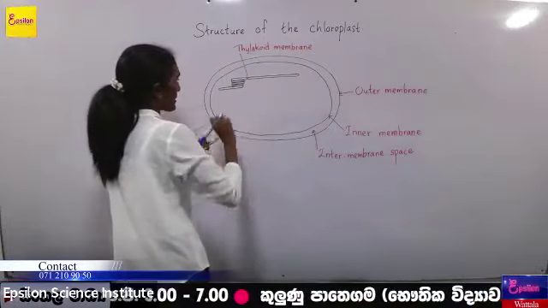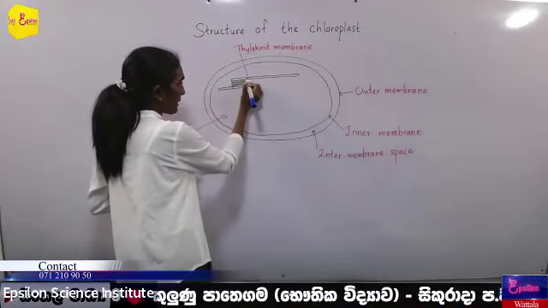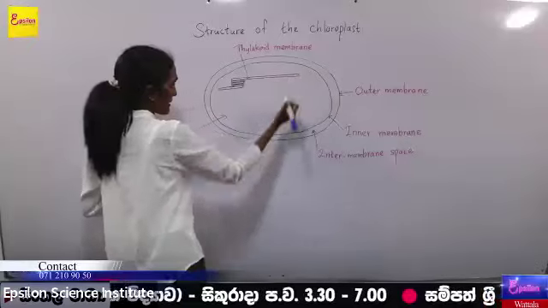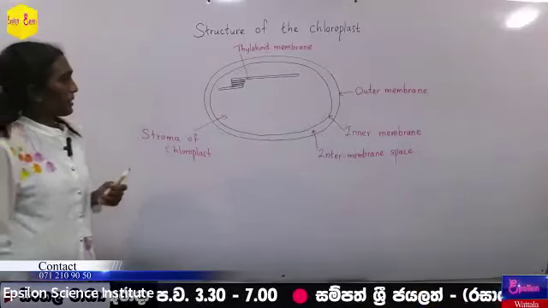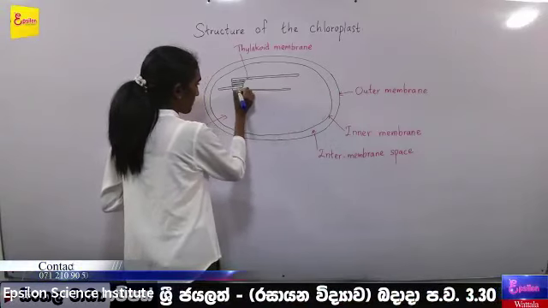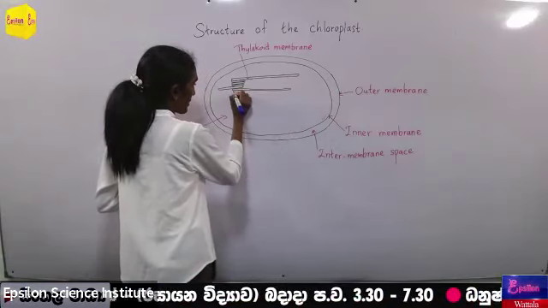On these only photosynthetic pigments and enzymes necessary for photosynthesis are located.